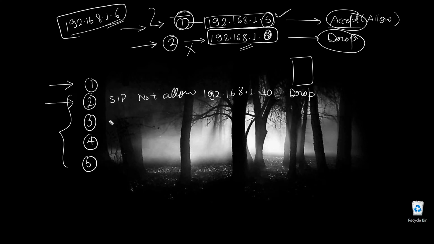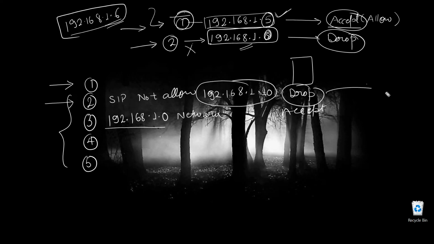And further, after the third rule, we are having a rule 192.168.1.0 network. Complete network is accept. So the whole network is accepted. Only this guy who is having this IP address is not allowed to cross the firewall. It might be that you have a specific server and you don't want this guy who is having this IP address to access that server.